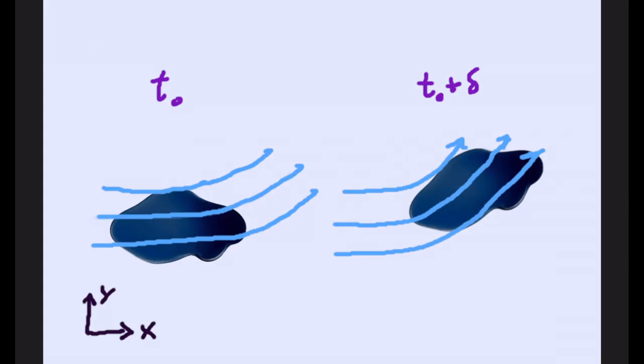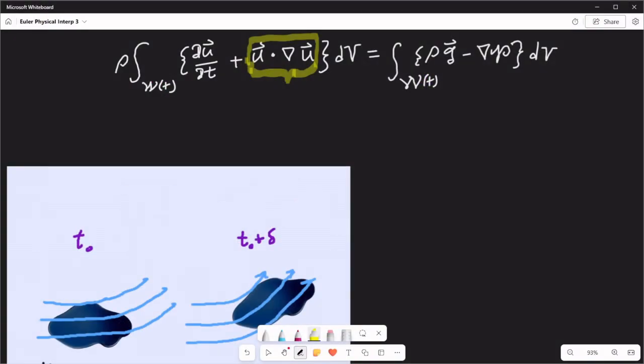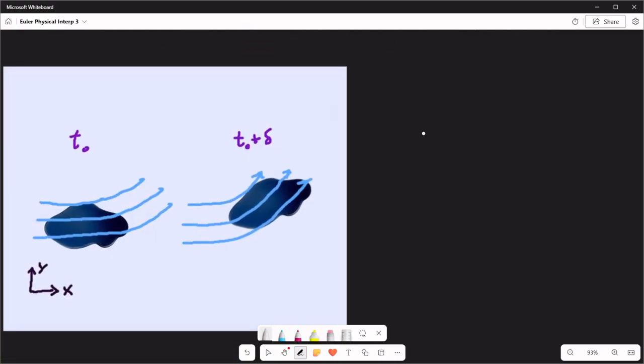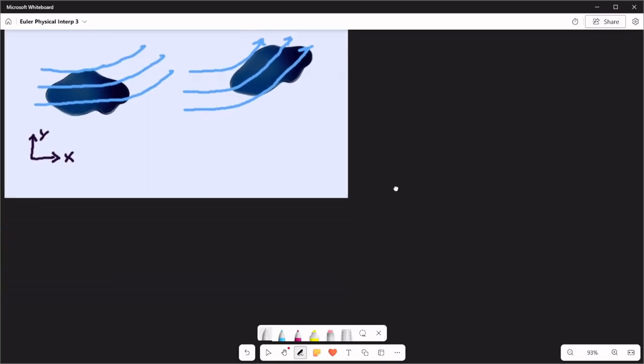So going back to the whiteboard. To look at advection, I'm going to set up this situation. I think I'll actually draw it down here.